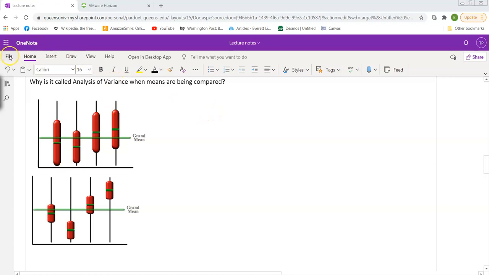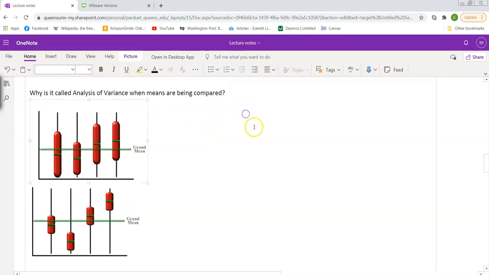I'm going to start typing here. So we've got this within group variability.